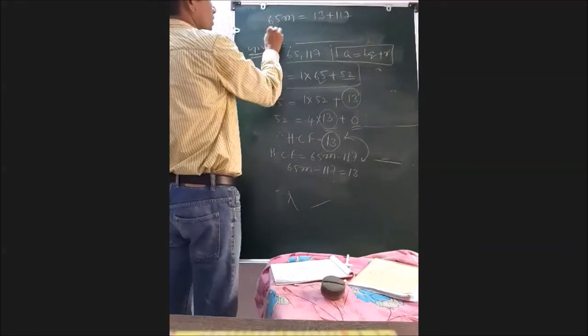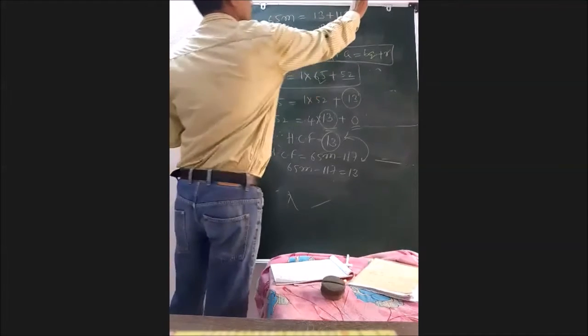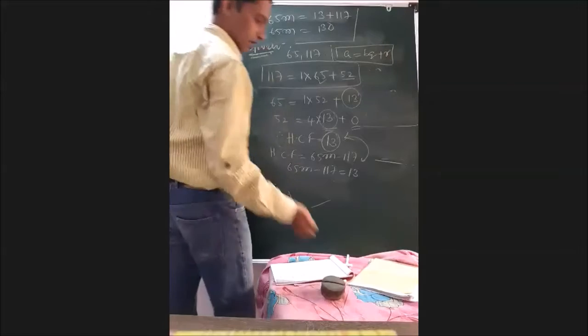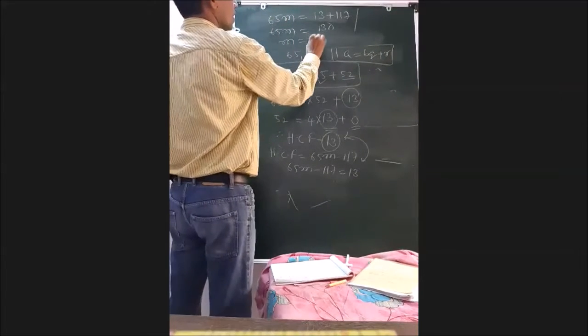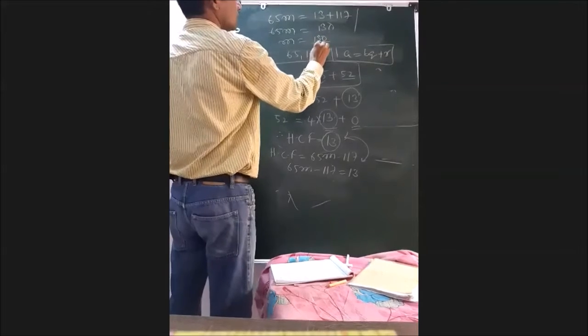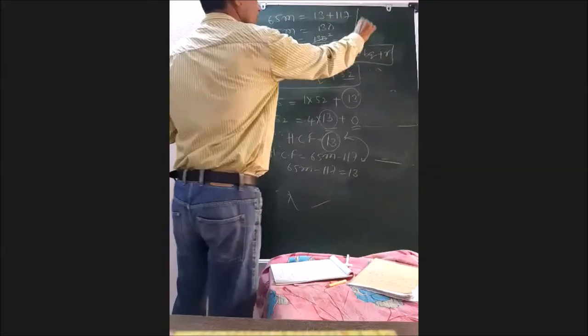Now tell me, 65m is equal to 130. Then m is equal to 130 by 65. 65 ones are 65, twos are 130. So m is equal to 2.